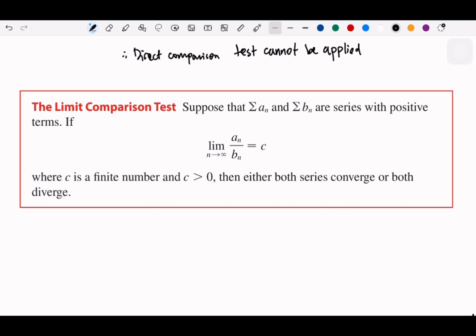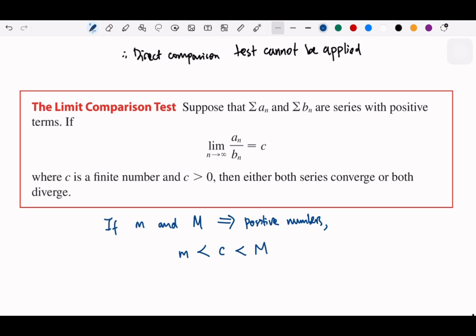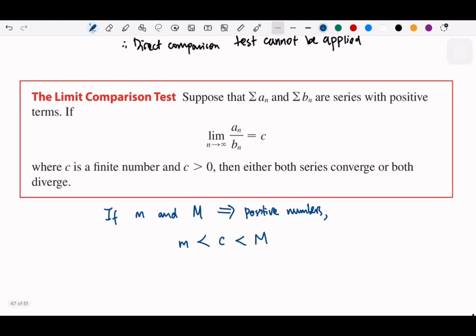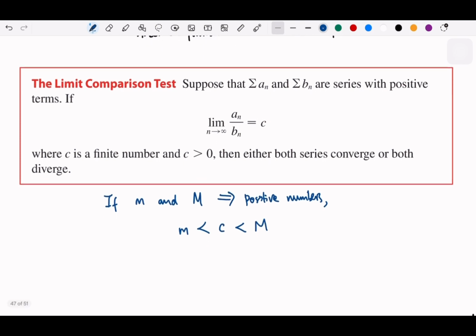So this works as so if the m and M are positive numbers, and then the c is going to be in between this m, small and capital M, there is some number C. Okay.